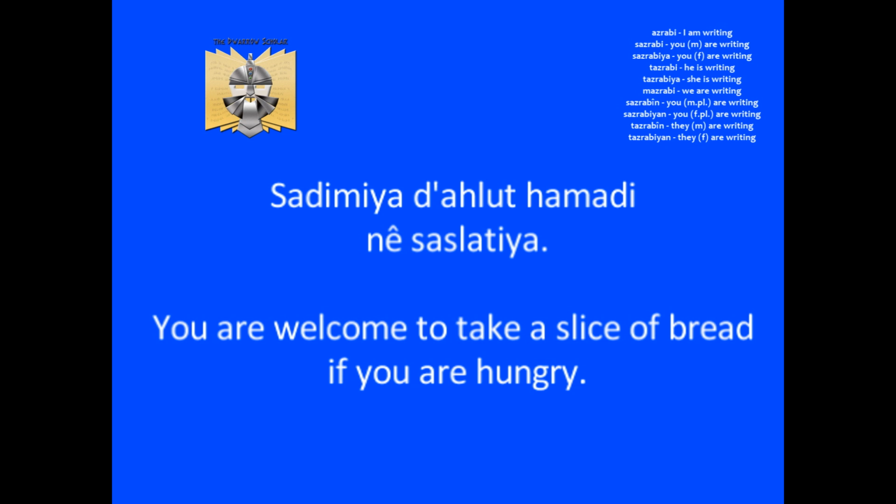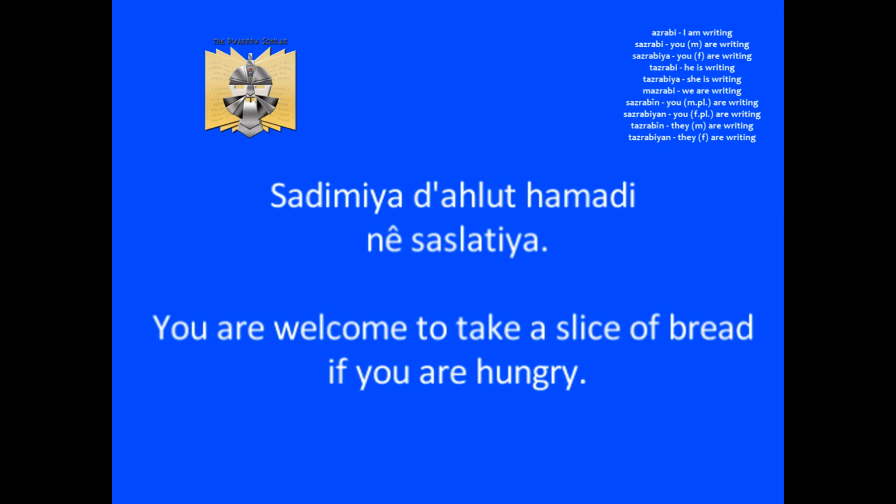We see two imperfect forms in this line, both in the singular second-person female version: sadimia, a bi-radical base dim, and saslatia, a tri-radical base. Again, we don't focus on the bi-radical forms too much at present, so that's the form of verbs based on two consonants.